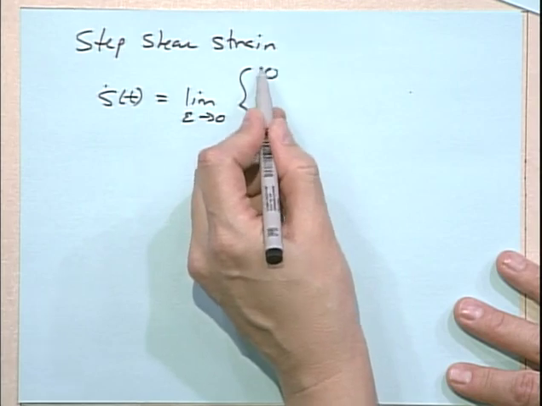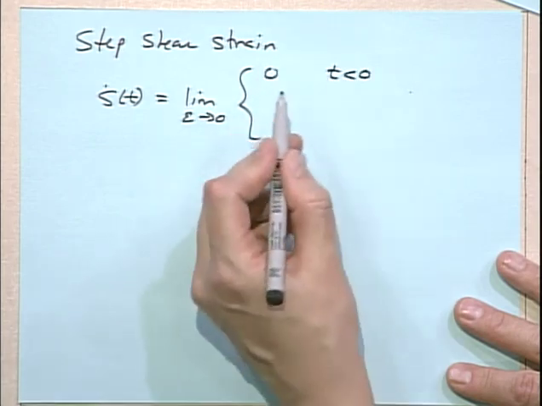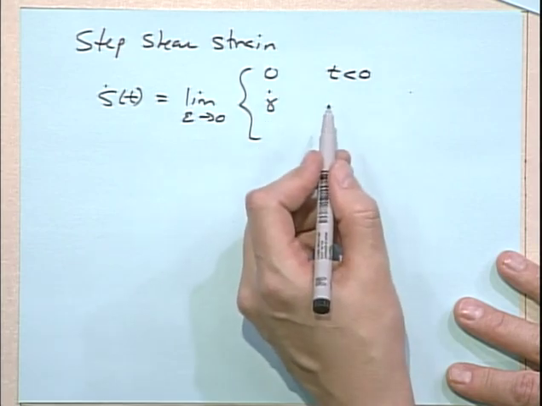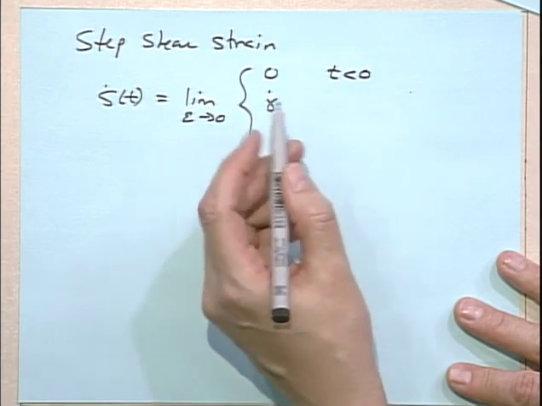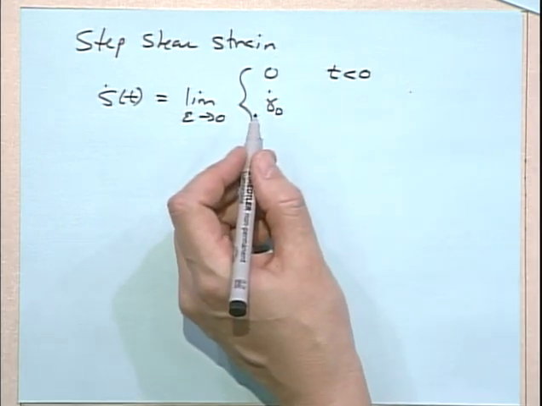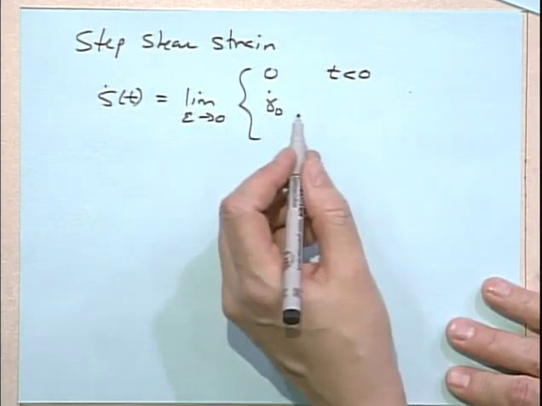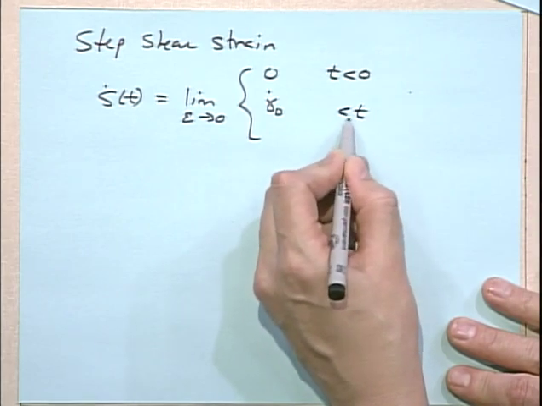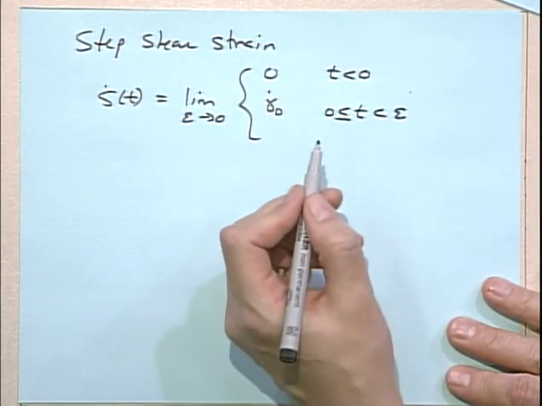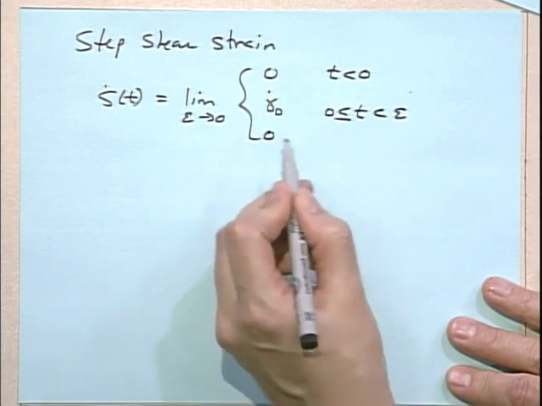This function is 0 for time t less than 0. It's a shear rate, a specified shear rate. This should be gamma dot naught. I don't know if that's my typo or the computer's. Then t between 0 and epsilon. And then it goes back to being 0.